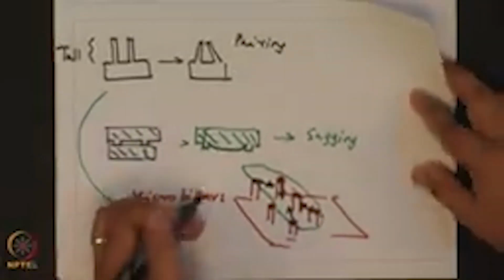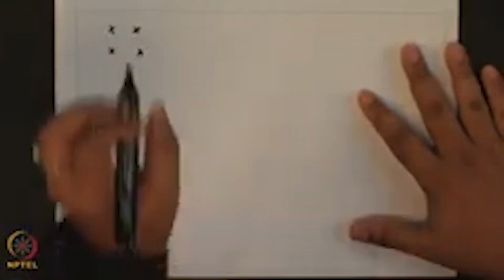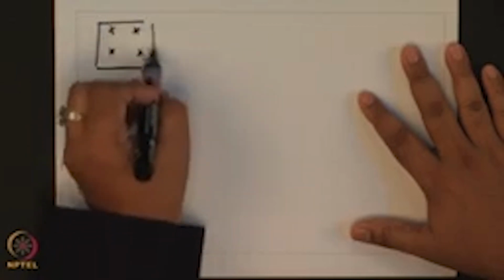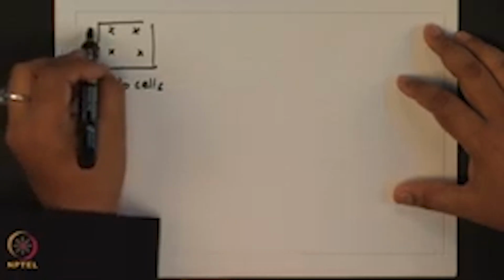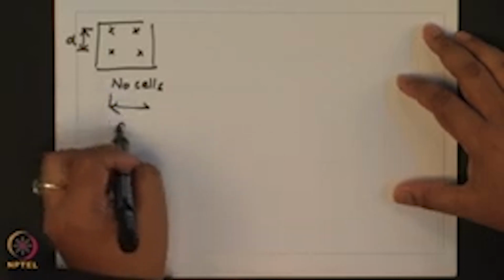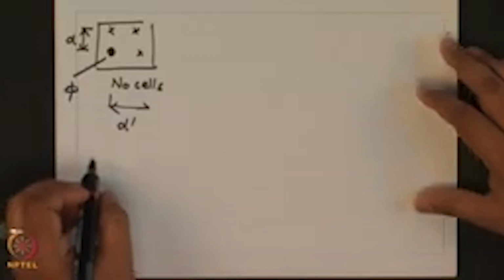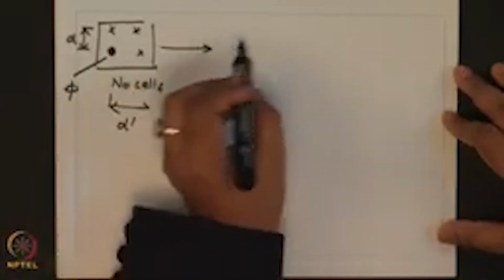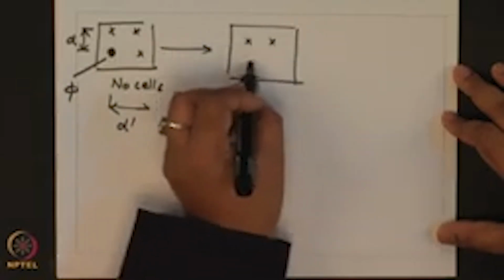If I were to look at the same thing from the top, let us say I draw the center point in top view. You have this 4×4 grid when no cells are there. You can design it in such a way that this D is known, this D prime is also known, and the diameter of each of these pillars, phi, is known. When you put the cell, you can track the position. Let us say this were the original positions.